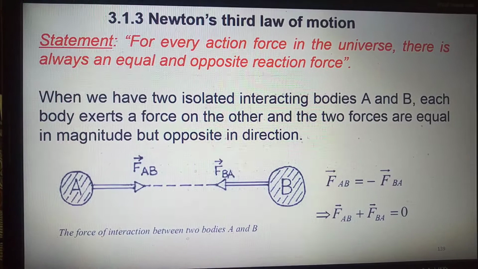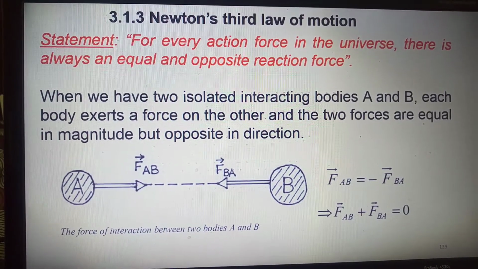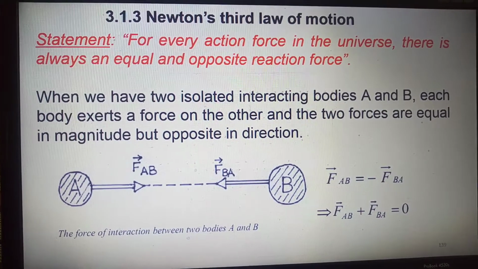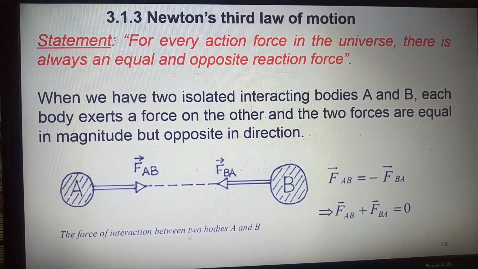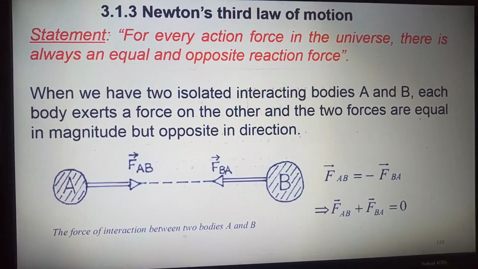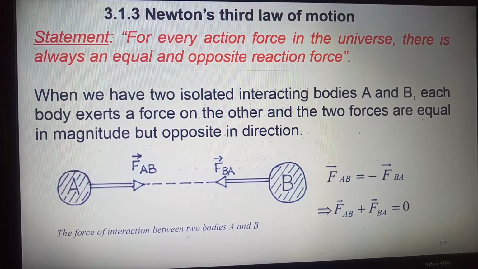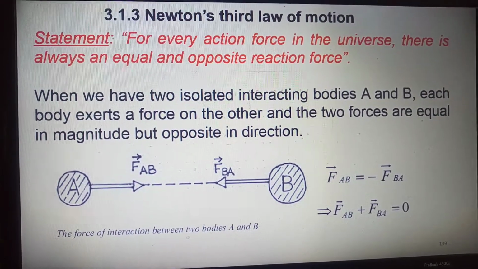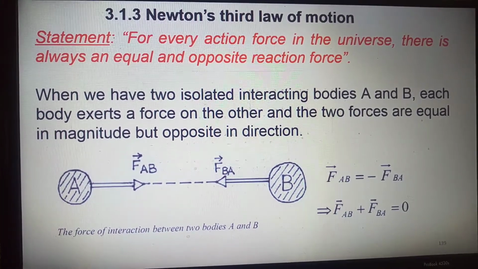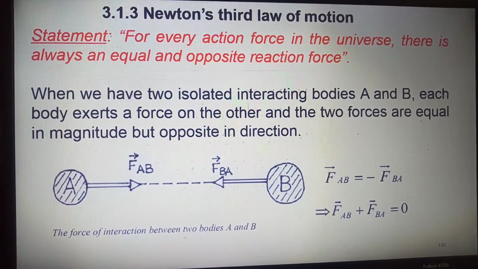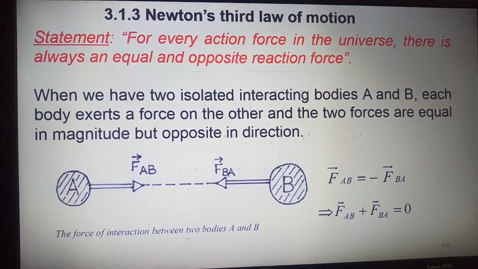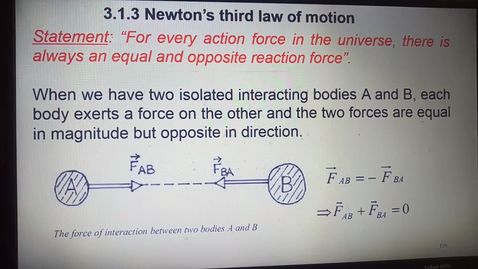This means that when two isolated bodies A and B exert forces on each other, if body A exerts a force on body B, which is called the action force, then body B will exert an equal and opposite force on body A, called the reaction force. This means that the force FAB is the force that body A exerts on body B.